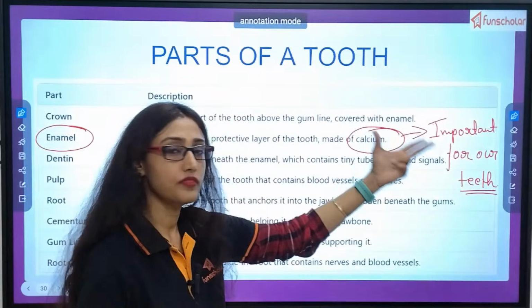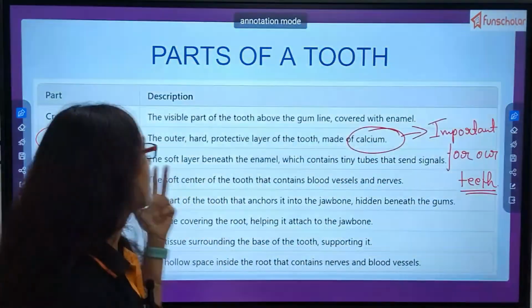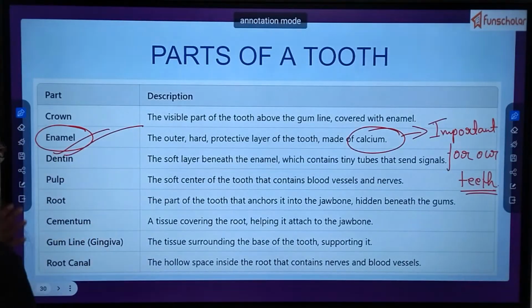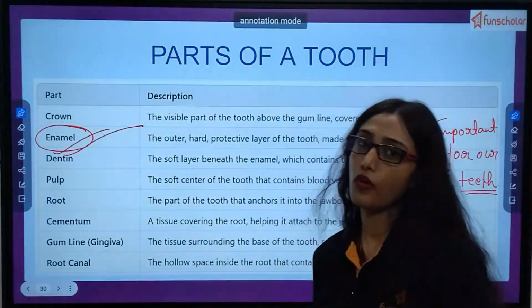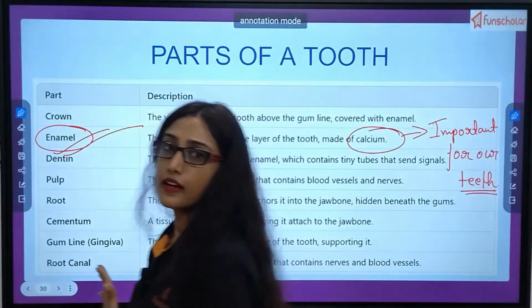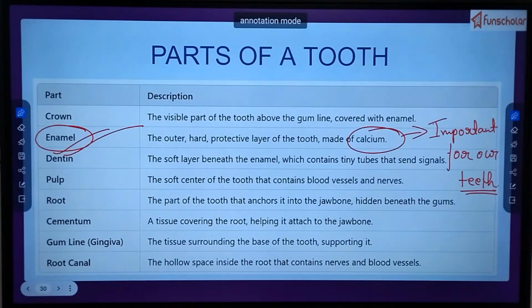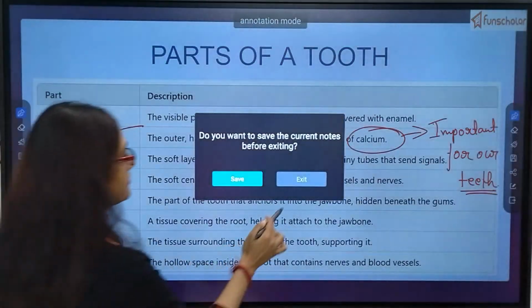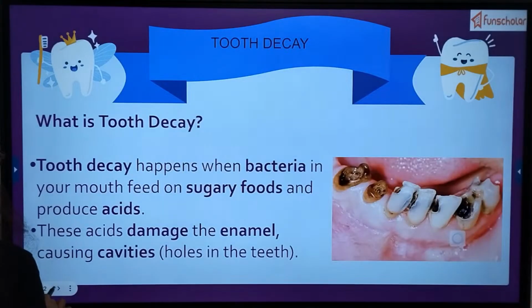Calcium is important for our teeth because it helps in the formation of enamel. And without enamel, your teeth will start decaying and fall off permanently. Clear? So please do take a screenshot of this portion. Okay. I think you have taken.